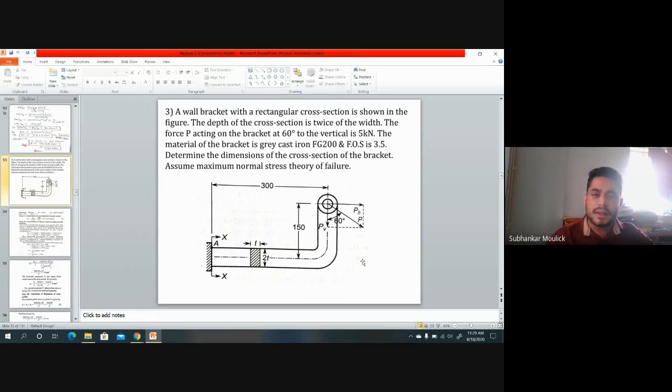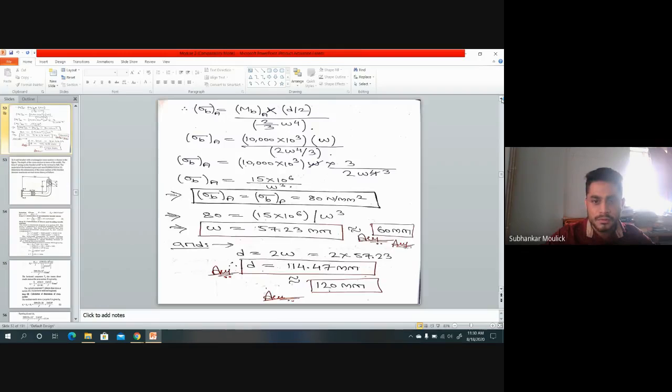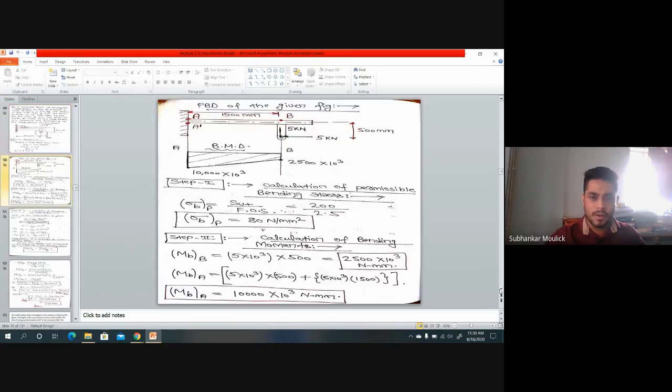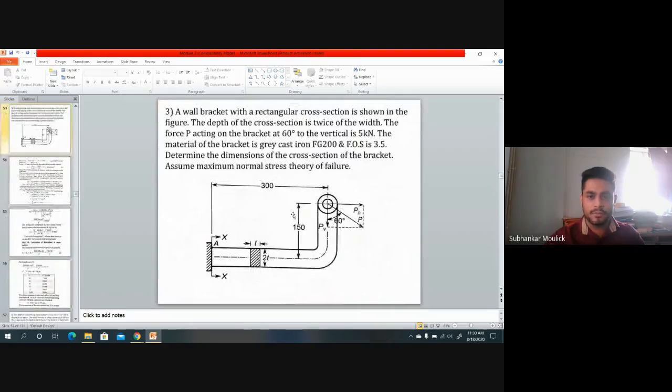If you see the last problem we discussed in the last class, this is the problem I am talking about. Here also we need to draw the free body diagram to solve the problem. It is very clear from the diagram that this inclined force P, making an angle of 60 degrees with the vertical, has two components.